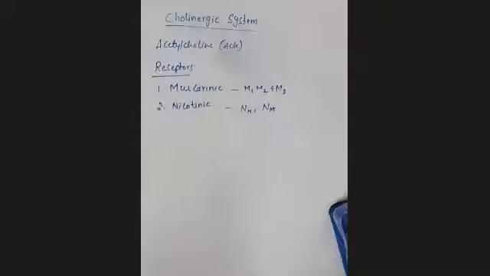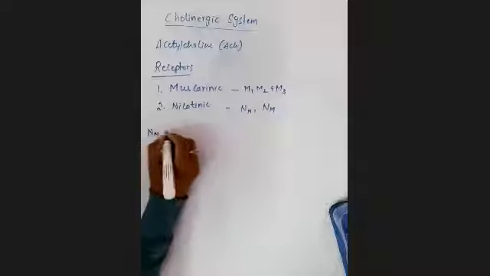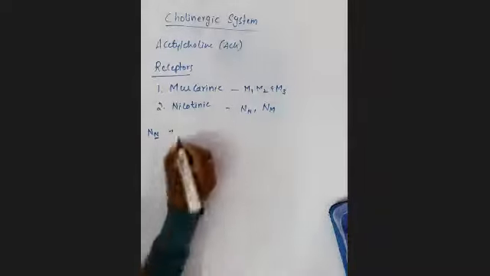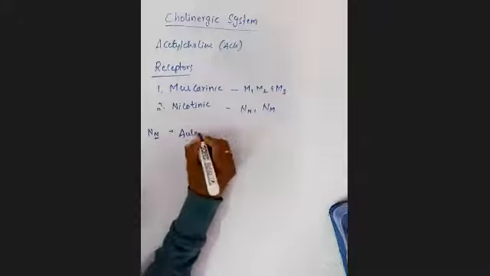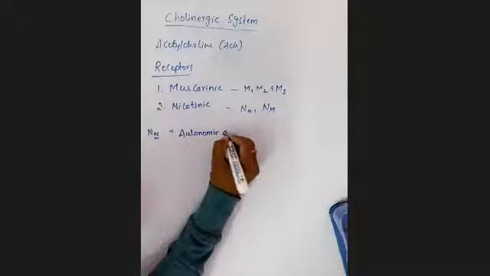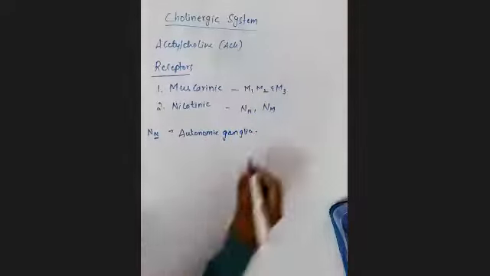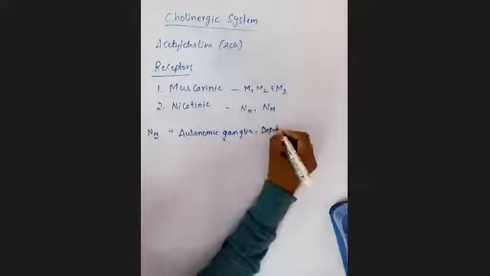Next we'll see about the nicotinic receptors. First, NN: N indicates neuron. This is present in the autonomic ganglia, causing depolarization.